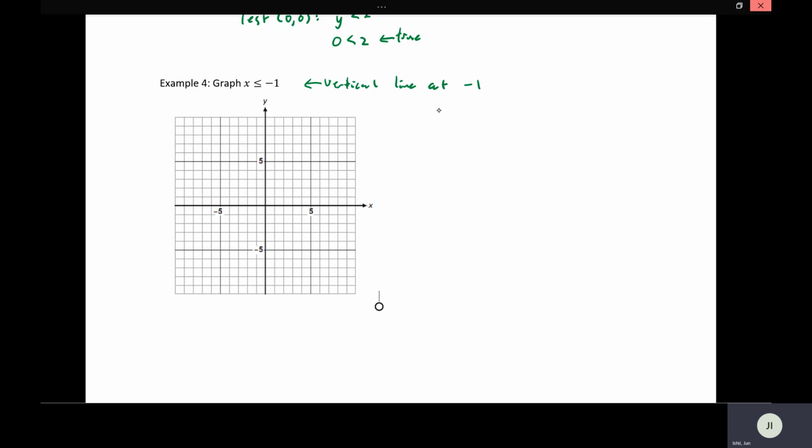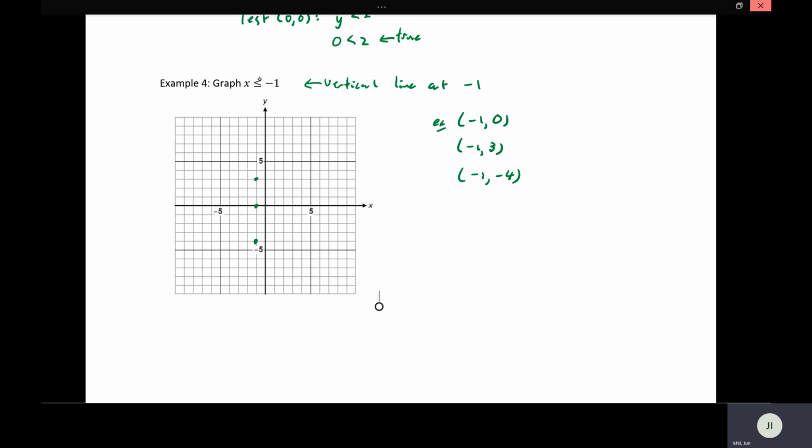Again, for example, the points -1, 0, -1, 3, -1, -4. So anyways, these points here all have an x coordinate of -1. What you see here is all these points will line up in a vertical line.